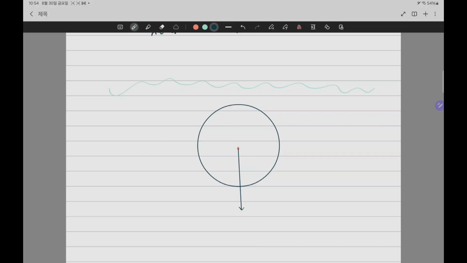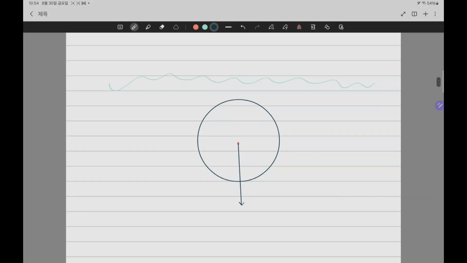This is due to Earth's mass, and the gravity would be mg. The g is the gravitational acceleration on this planet, which is a fixed value, 9.81 something something. And the m is the mass of this sphere.